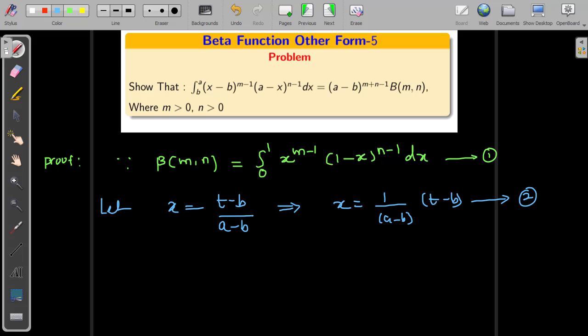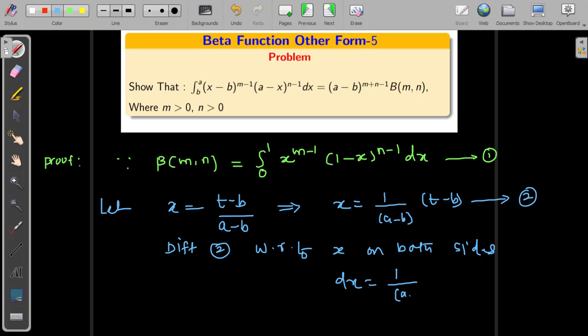Differentiate equation 2 with respect to x on both sides. In this case, we get LHS is 1, so directly dx equals 1 by (a minus b), which is a constant and remains the same, times the derivative of t, which is 1, minus the derivative of b, which is 0, times dt.